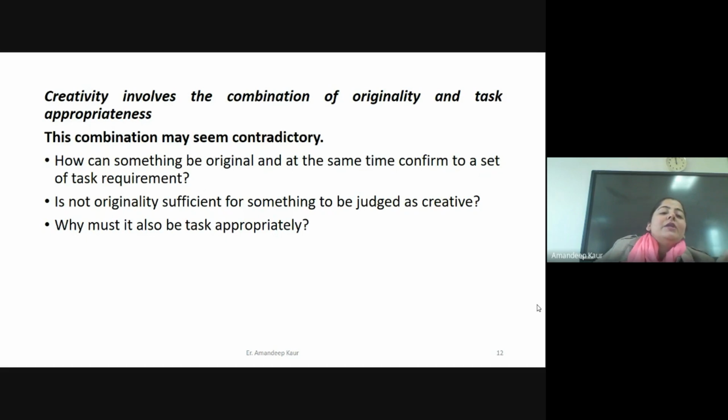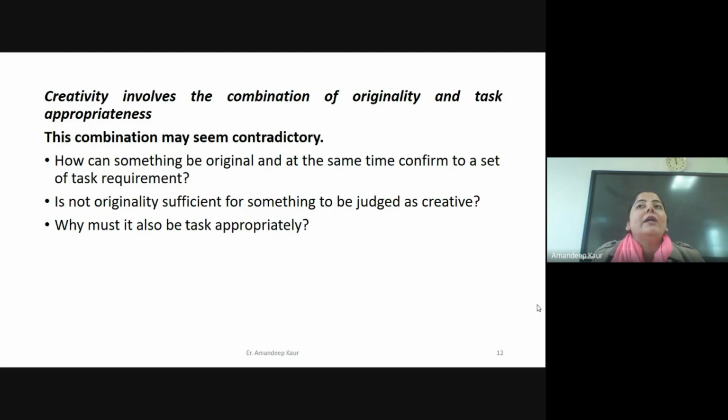So in engineering education, when we talk about creativity, it is a combination. I'm doing something new, but at the same time, I'm following all kinds of safety precautions that need to be taken care of for the living and non-living biota. So those things need to be considered when we are evaluating creativity or when we want to develop creativity among the student population.